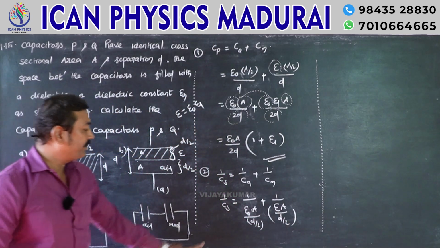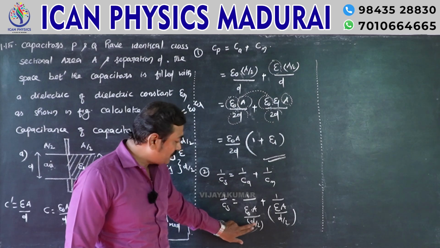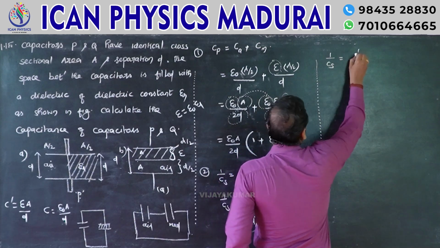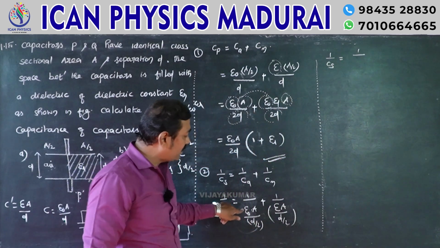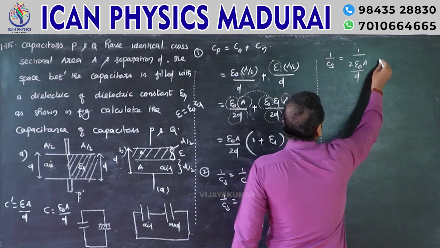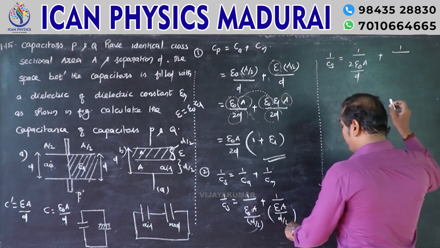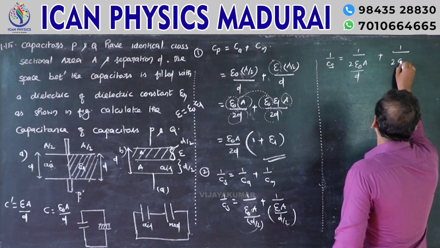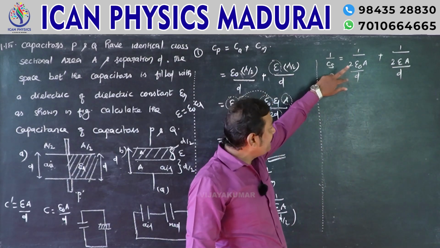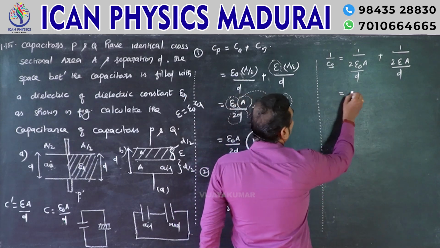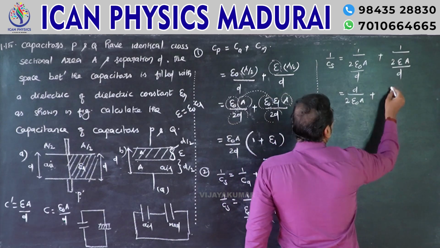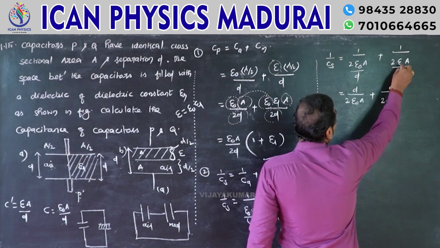Do you have any doubts? Now the D by 2 becomes reciprocal, so 1 by Cs equals 1 by, the 2 goes to the numerator, so 2 times epsilon 0 A by D, plus 1 by, the 2 becomes reciprocal, 2 times epsilon A by D. Now the D becomes reciprocal, so D by 2 epsilon 0 A, plus the D goes to the numerator, so D by 2 epsilon.